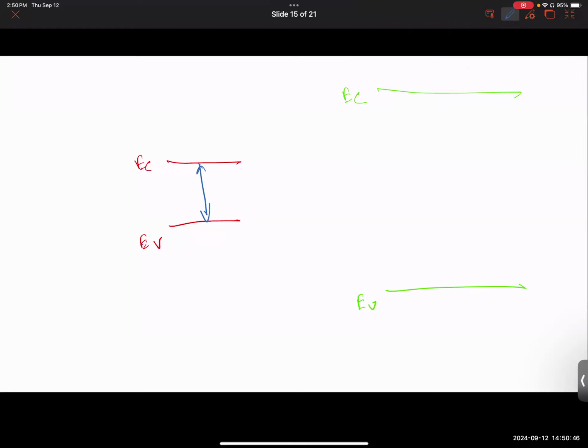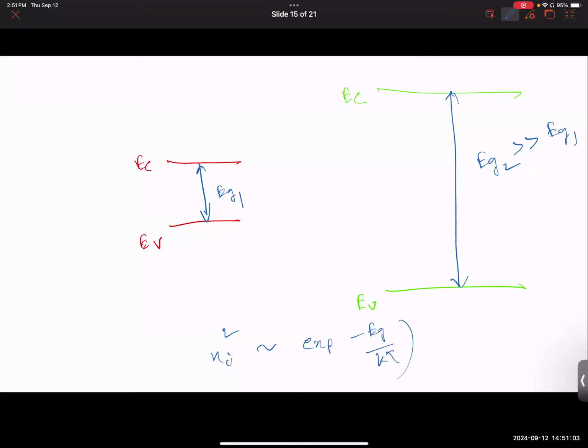So here you have EG1 and here you have EG2. Apparently EG2 is far greater than EG1, which represents, as I just told you, that Ni squared would be related to exponent of minus Eg over Kt. So apparently the higher the Eg is, the lower will be the intrinsic carrier concentration. So doesn't that make sense?